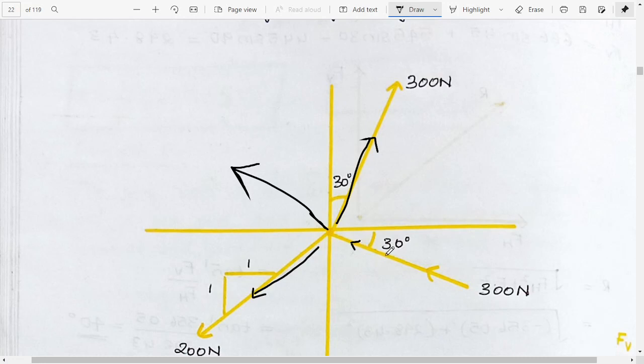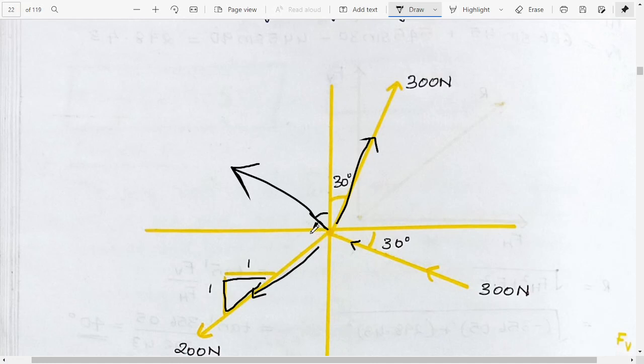because this won't be concurrent. It should meet or originate from a single point. So it should come here, then only we can resolve it, and we can find the angle like that. And in this case if this point is 1 and this point is 1, that means the slope of this part will be tan inverse of 1 divided by 1, which is 45 degree.